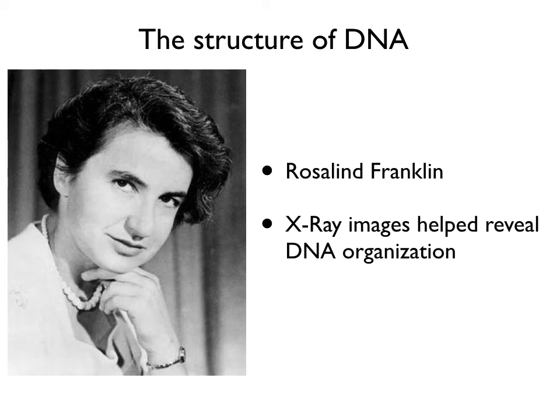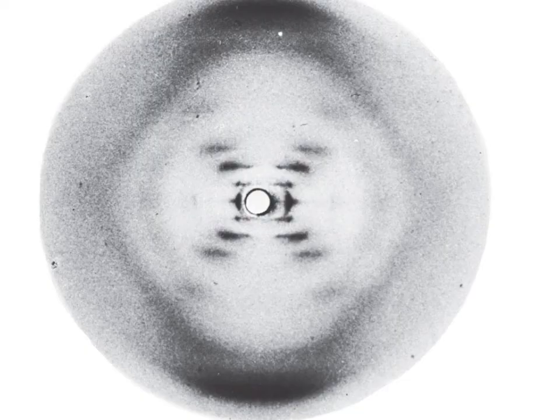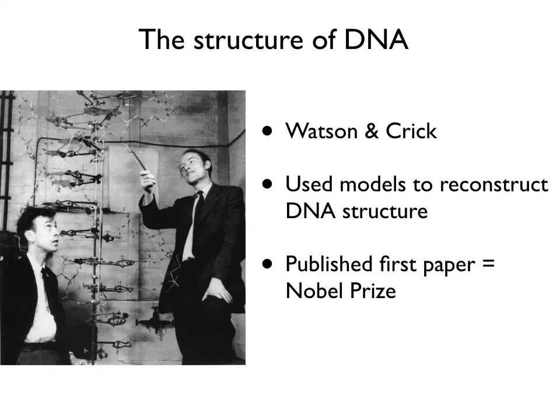And it is her image here that was done in her lab of the structure of DNA that really triggered the understanding of how DNA is organized in the two other folks we're going to talk about here, Watson and Crick. Okay?